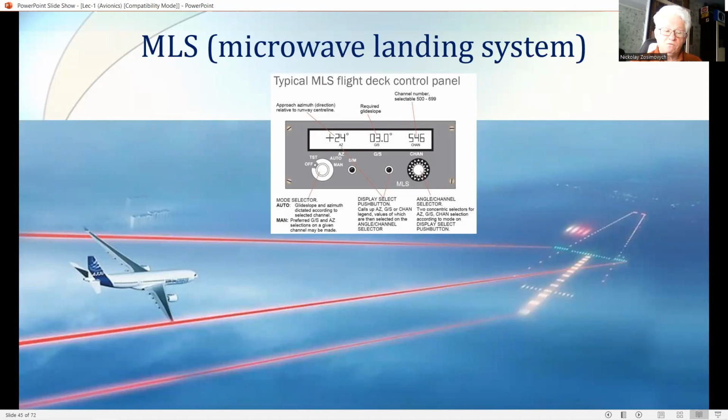MLS, microwave landing system. A full navigation suite on an aircraft is hence a very comprehensive one and can include INS, GPS, VOR or DME, ILS, MLS. Many of these systems are at duplex level, and some may be at triplex level.